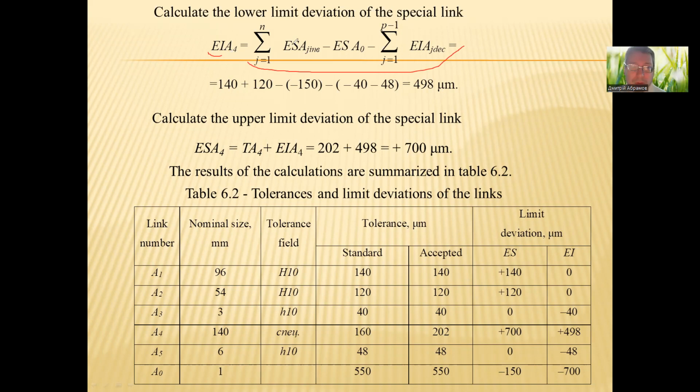The sum of upper limit deviation of increasing links minus upper limit deviation of initial link and minus the sum of lower limit deviations of decreasing links.